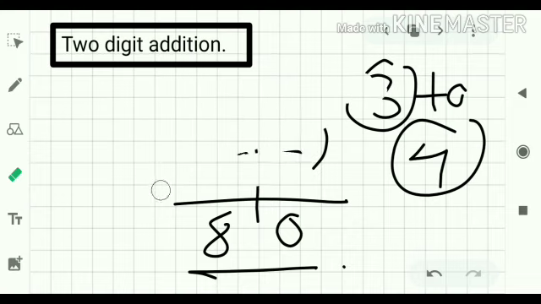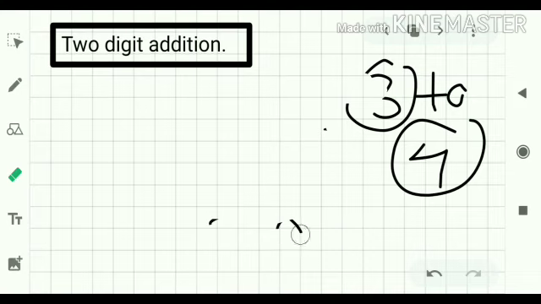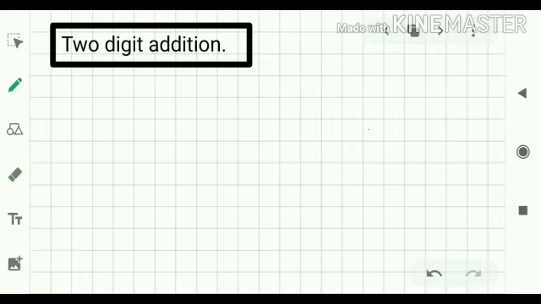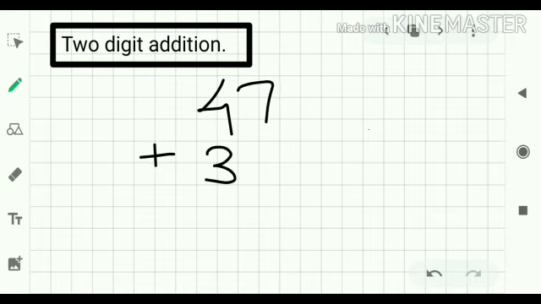Let us see how we solve this through a rapid calculation technique. Let us take another example to solve, that is 47 plus 35.